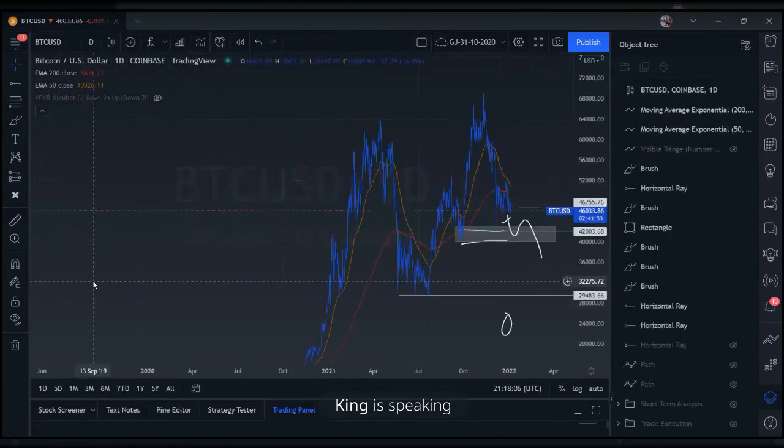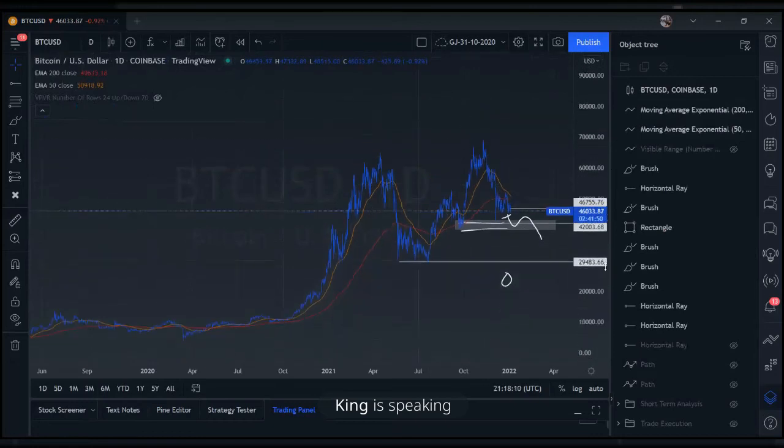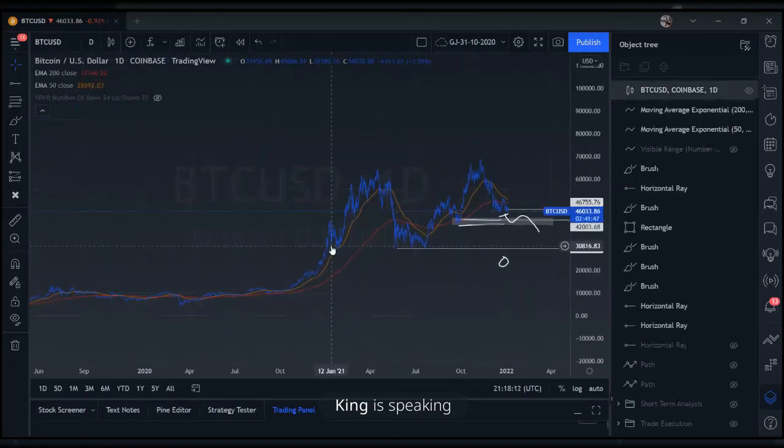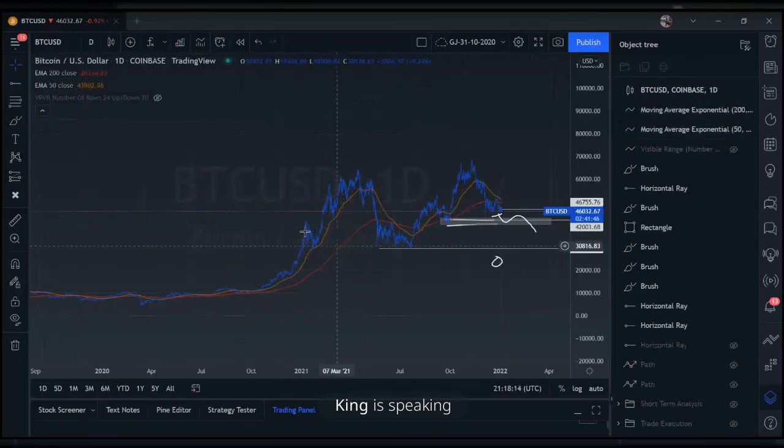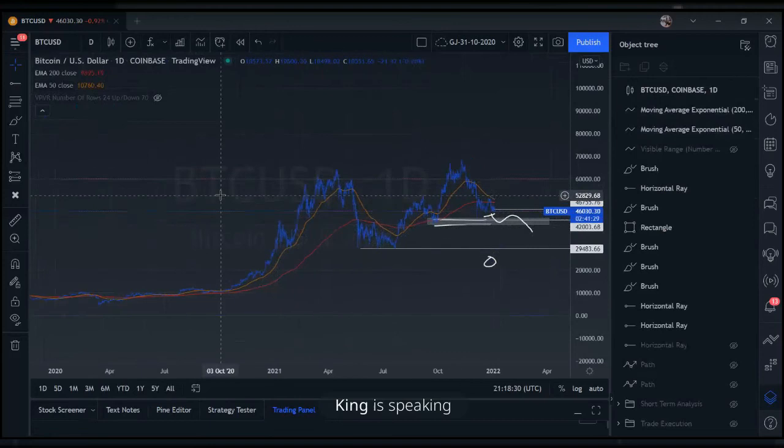With the distance from where price is trading to where the EMAs are, they're used better as resistance, whereas on the lower time frames they're just within price. So yeah, that's the EMAs.